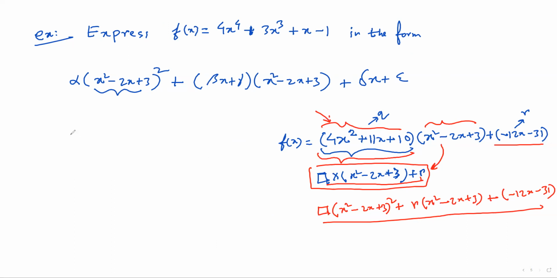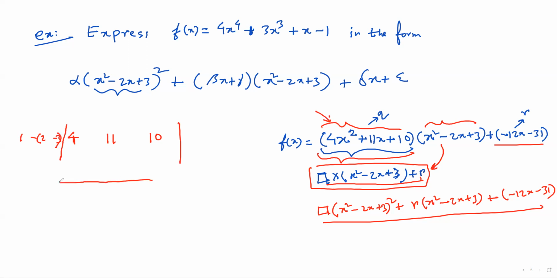The coefficients are 4, 11, and 10, and we are going to divide by x square minus 2x minus 3. It was plus 3, but I took minus as common, so we are getting minus 3 here. Let's do the same process again.